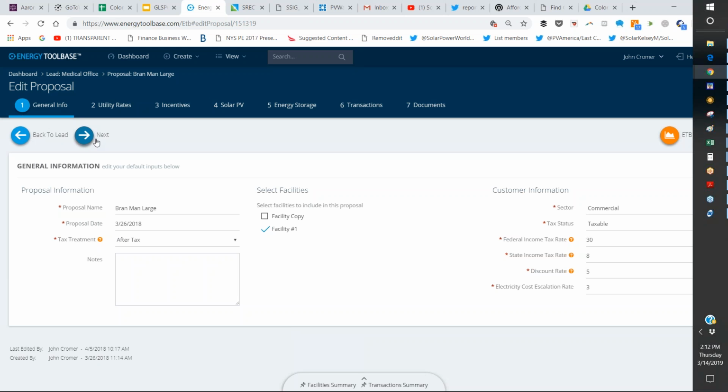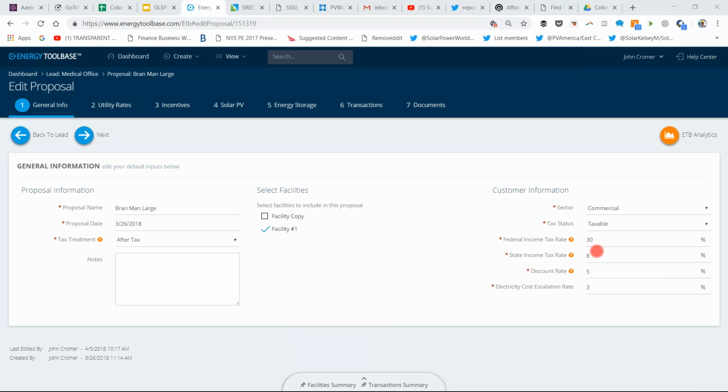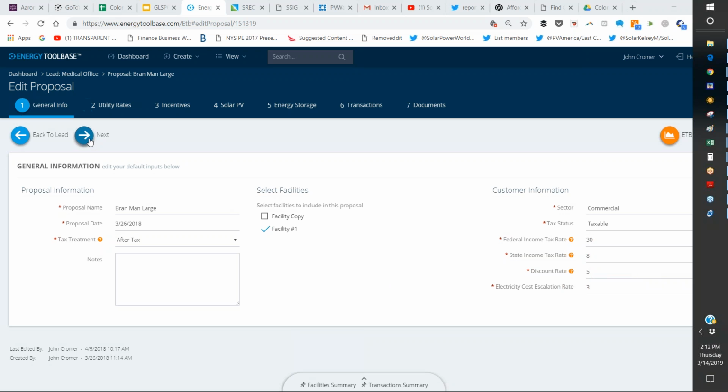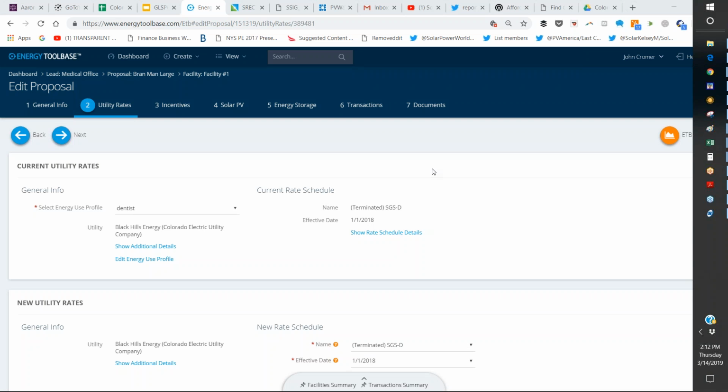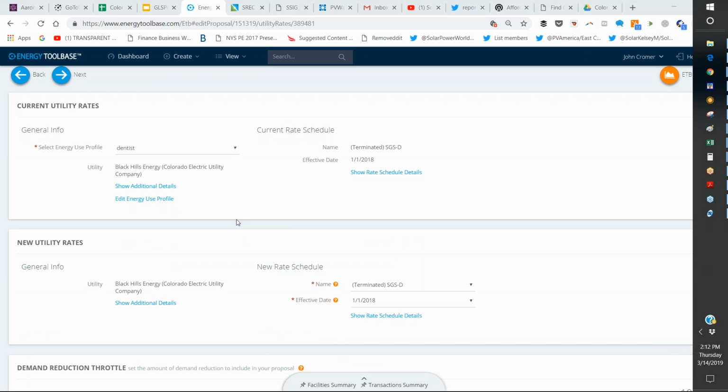But here is kind of what it looks like in a commercial setting, where we're modeling our federal tax rates, the discount factor on our money, the escalator, and the overall cost of electricity. One thing that the commercial companies do very well is model and program the utility rates across the country, so that sometimes it's advantageous to select a couple of utility rates and compare them. Is it better to be on large general demand, or do enough load leveling to knock yourself into small general demand?